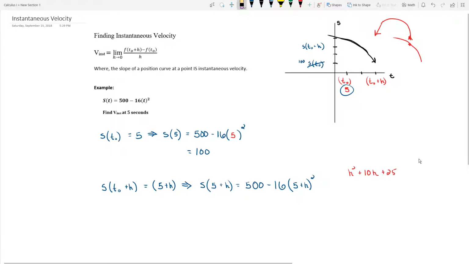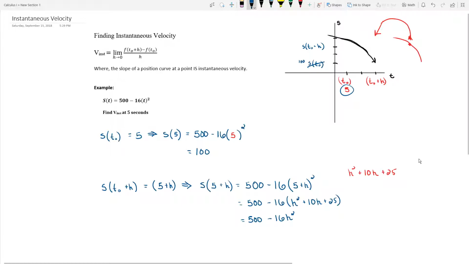Let's go ahead and finish solving this down and reducing as far as we can. So we'll have 500 minus 16 times h squared plus 10h plus 25. And we can further reduce this. So we can carry our 16 through, and we will end up with 500 minus 16h squared.